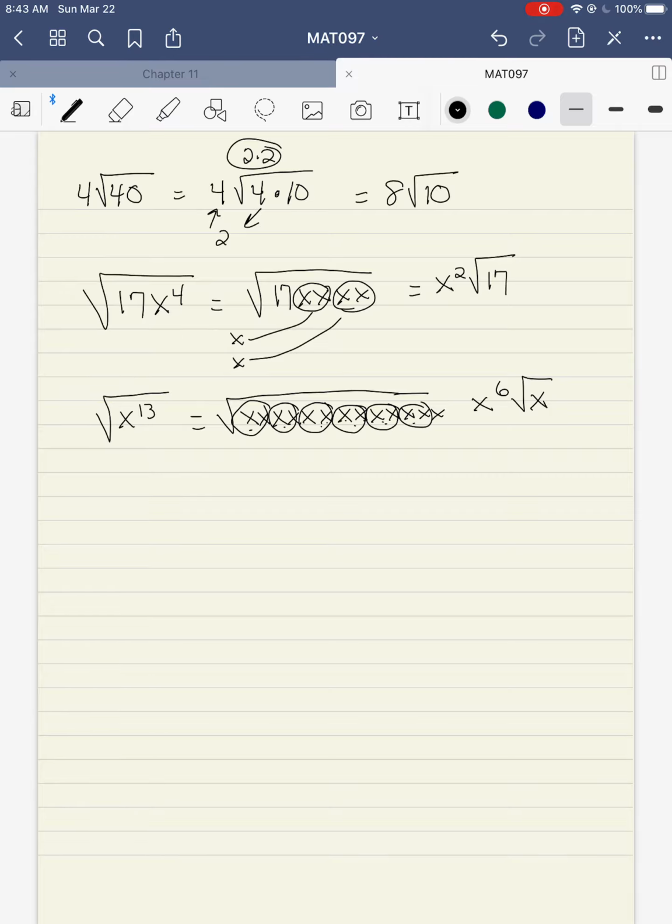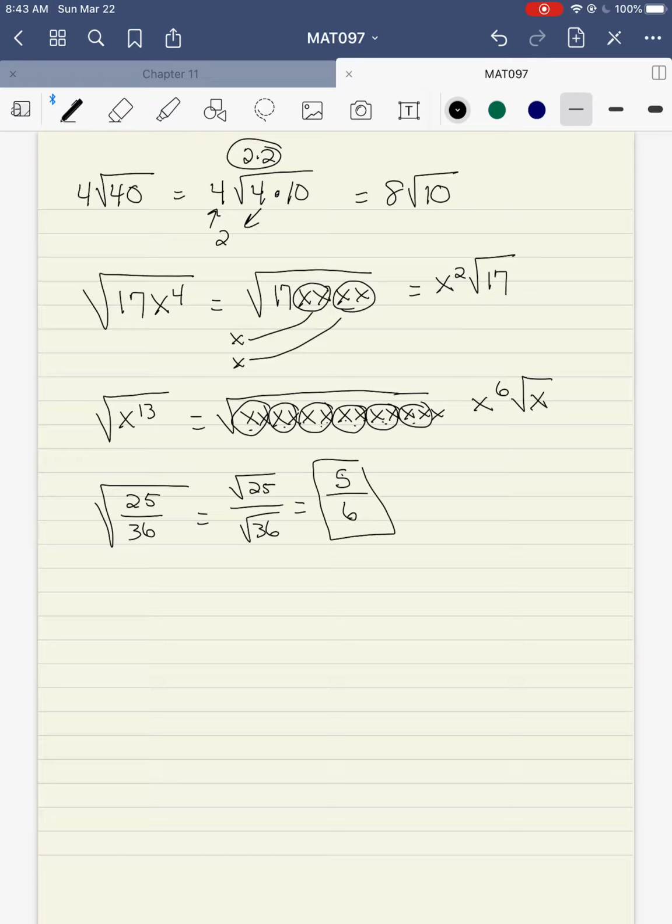What happens if you have division? When you have a division, let's say I have square root of 25 divided by 36. The property of radicals says that I can take the numerator and the denominator and separate it out, especially if they're perfect squares. So the square root of 25 is 5, and the square root of 36 is 6.